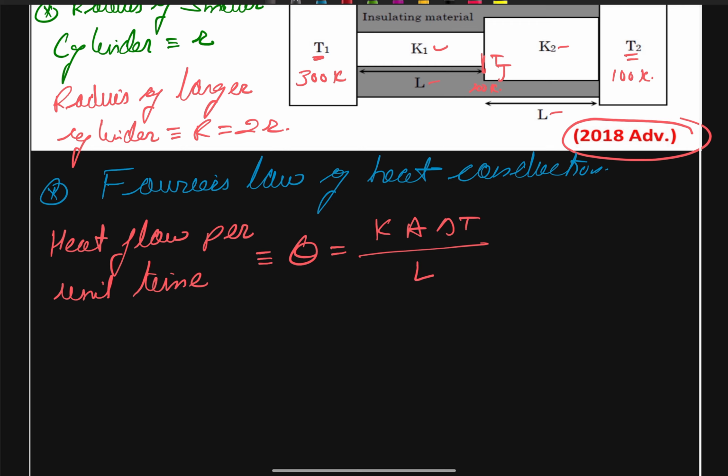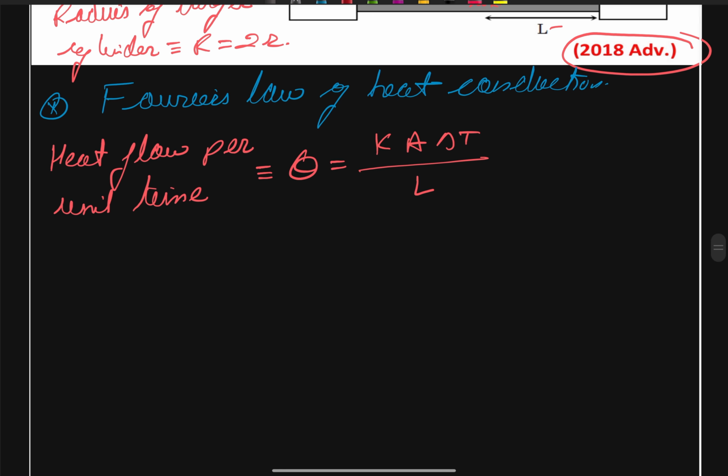K is the thermal conductivity, A is the cross sectional area, and delta T is our temperature difference. And our area, we can say, is our pi r square.